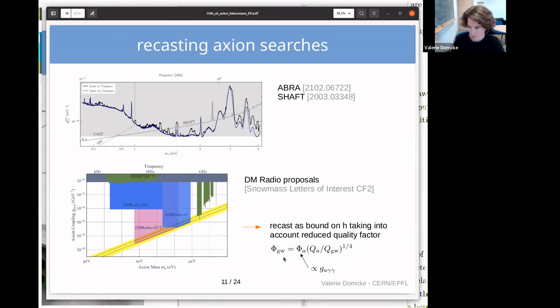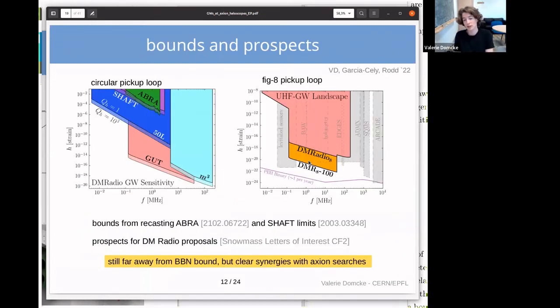But once this is understood, then you can take the existing limits here from ABRACADABRA and SHAFT, or we can also take the prospects here from dark matter radio, and you can plot this now as constraints on the gravitational wave strain. So this is what you see here.